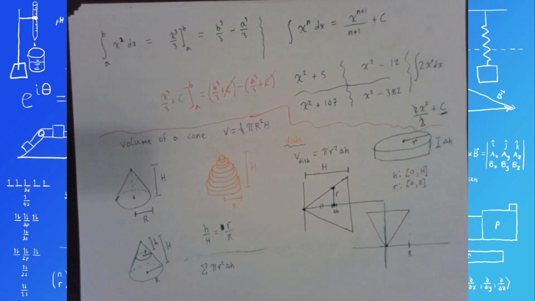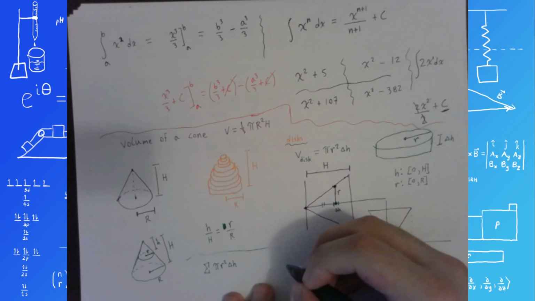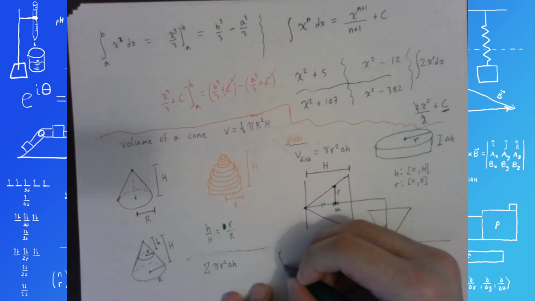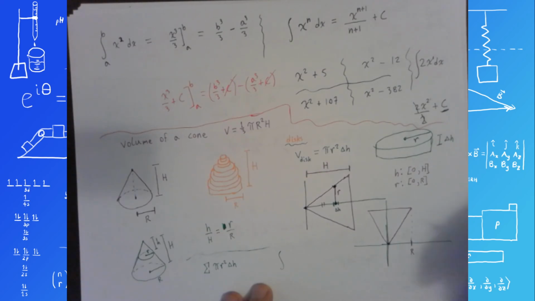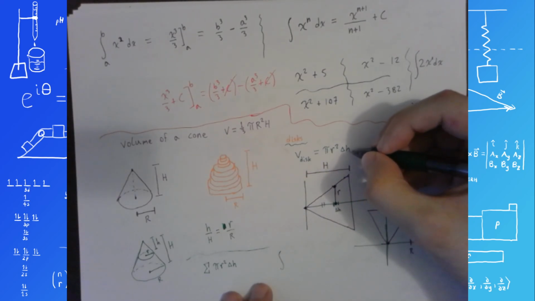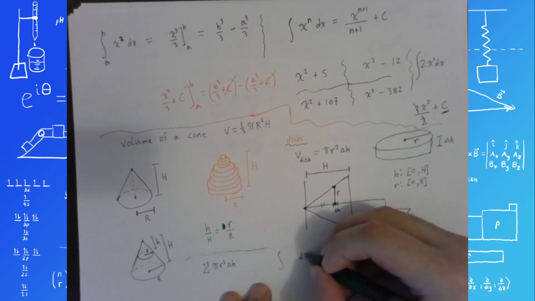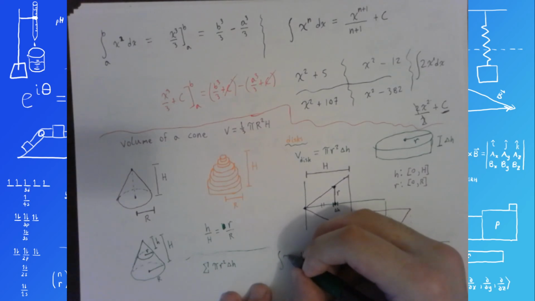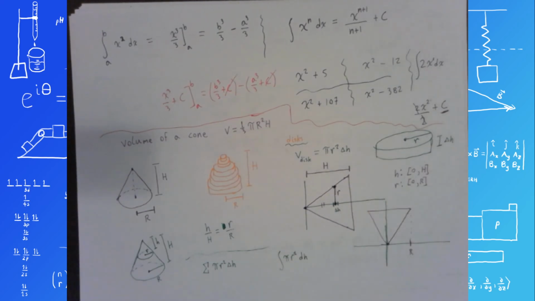I would want to express either the H in terms of R or the R in terms of H, because when I turn this into an integral, our delta H is going to become a dH over here, and this is going to become the integral of pi r squared dH.